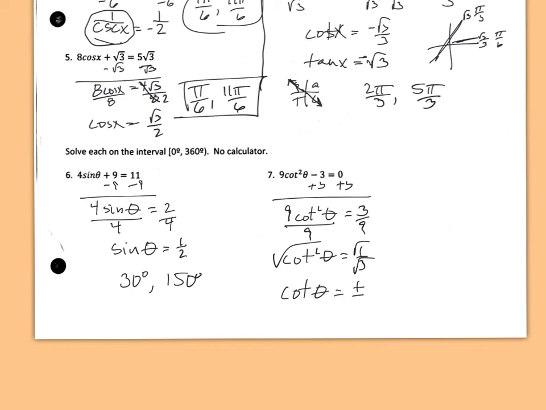Let's not rationalize it. Equals plus or minus 1 over radical 3, right? Because the square root of 1 is 1. So we got to flip this over, and we got to flip over the 1 over cotangent. So this is going to become tangent equals radical 3. Well, it's the exact same answer as up here.